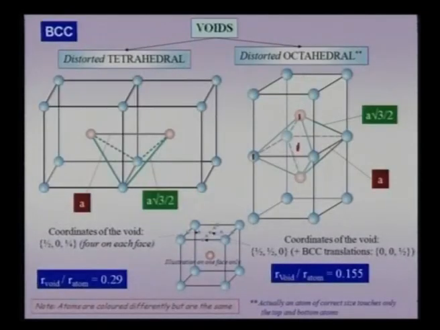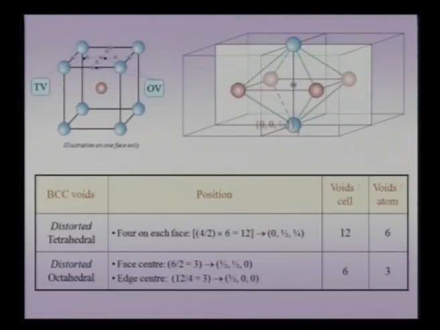So, that means if I have an octahedral void located at 0 0 half, then the center of the edge, which is related by a body centering translation to this position, is also a center of a non-regular octahedral void.